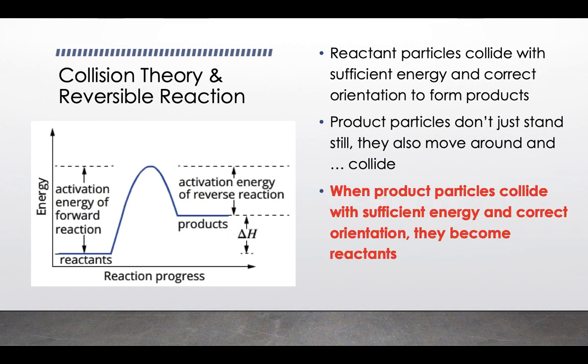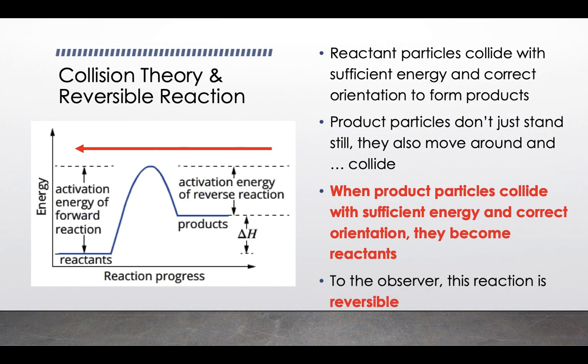So when product particles also collide with sufficient energy and correct orientation, then they become reactants. So it is as if a backward reaction is happening even though the forward reaction is happening at the same time. So to the observer, this reaction is what we call reversible. Forward reaction and backward reaction happen at the same time.